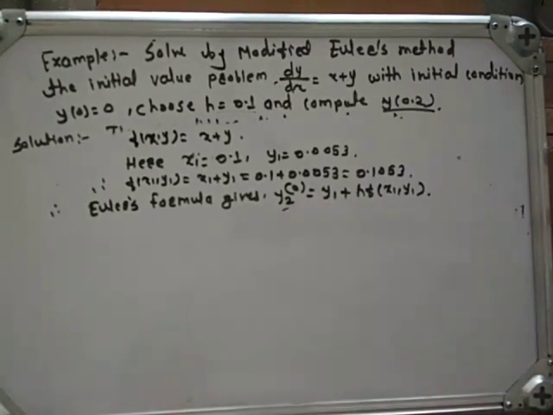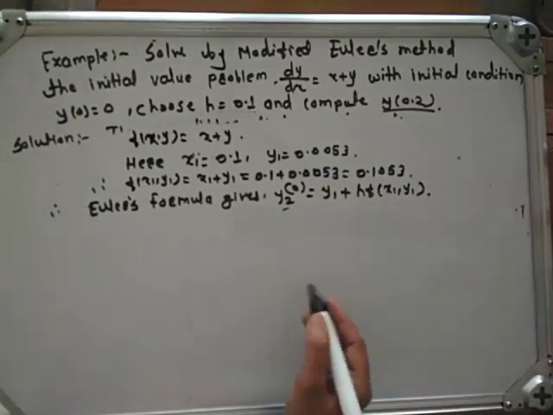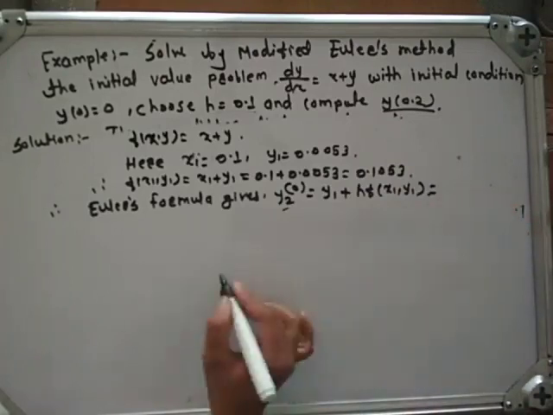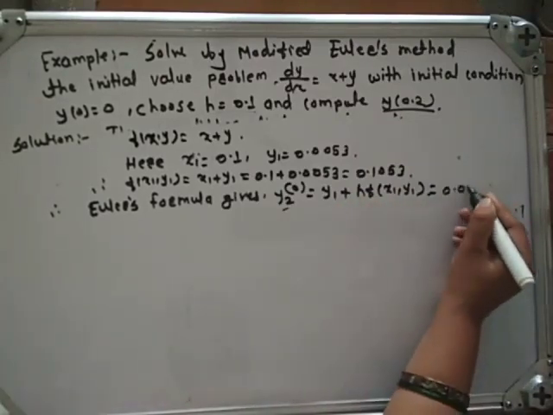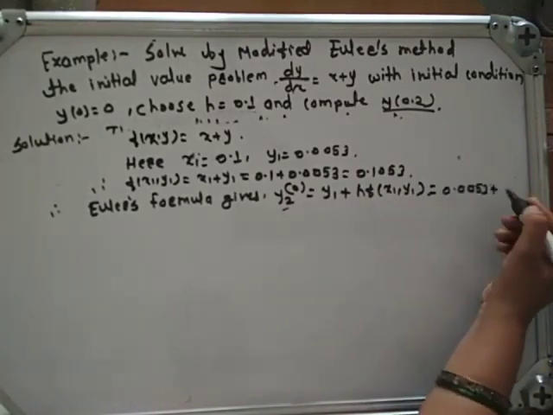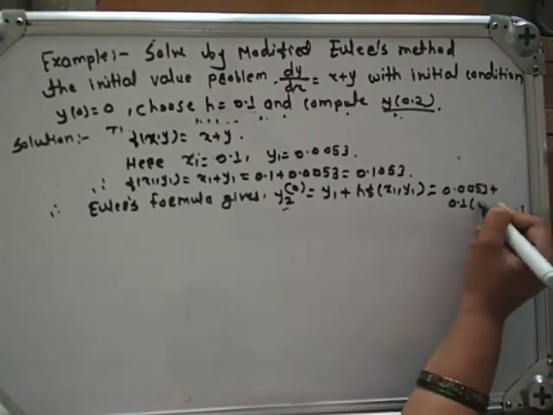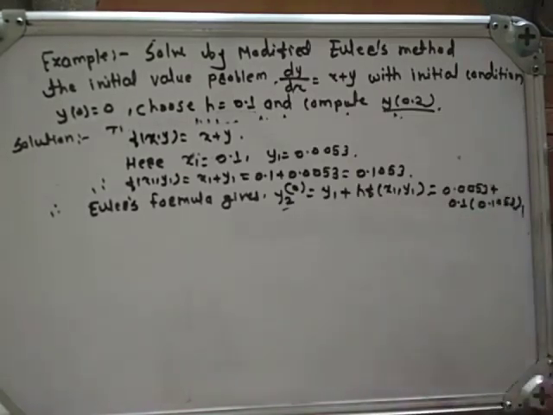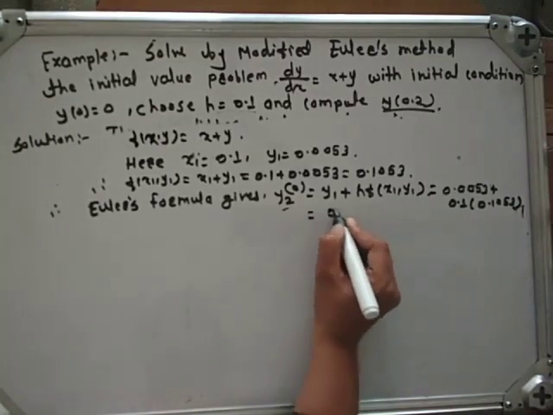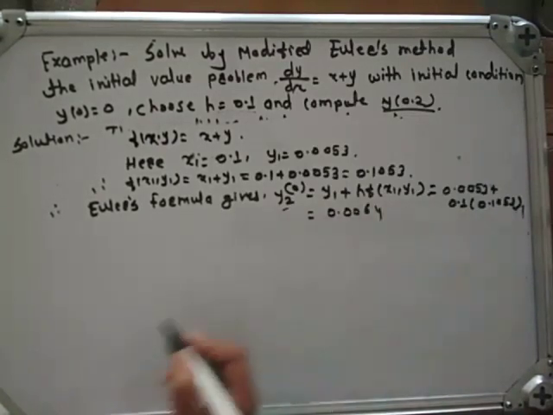y1 plus h into f of x1, y1. Put all the values. y1 is 0.0053 plus 0.1 into 0.1053. So your answer is 0.0064. This is y2 0. Students, do these calculations on a calculator.